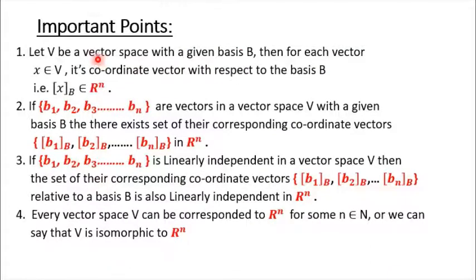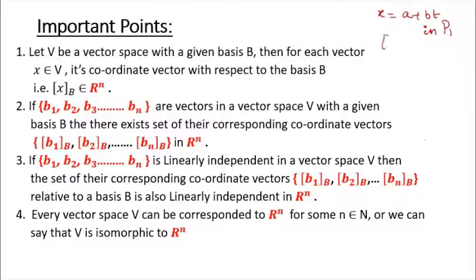Now let us look at some important points to remember. Let V be a vector space with a given basis B. Then for each vector x belonging to V, the coordinate vector of x with respect to basis B will be in Rn. Let me give you an example. Previously we have seen the vector x = a + bt in P1.